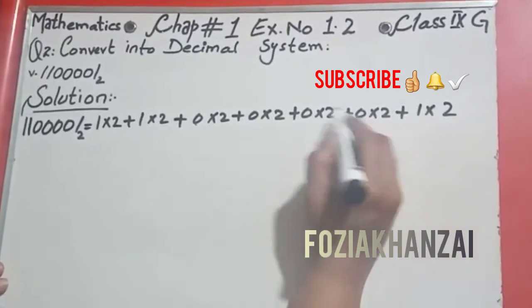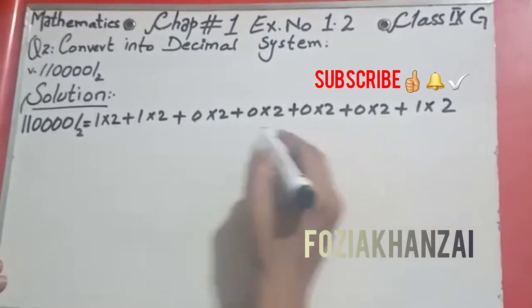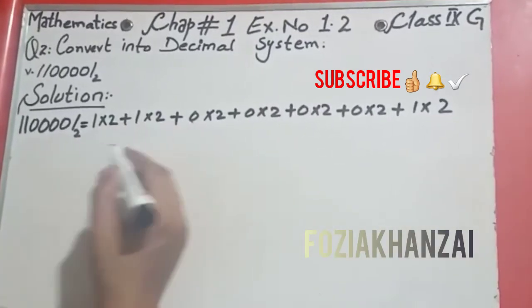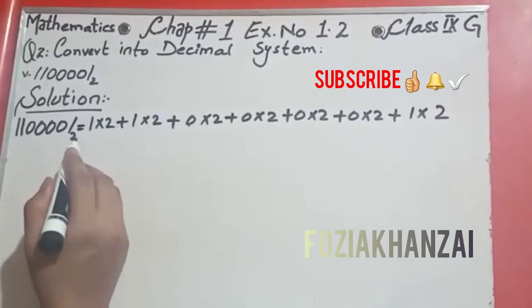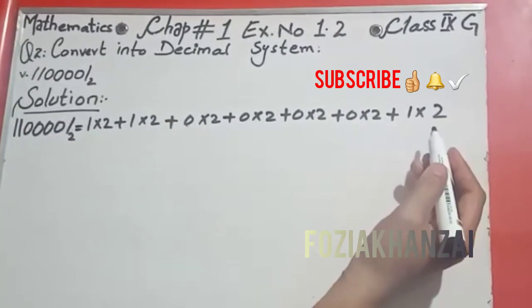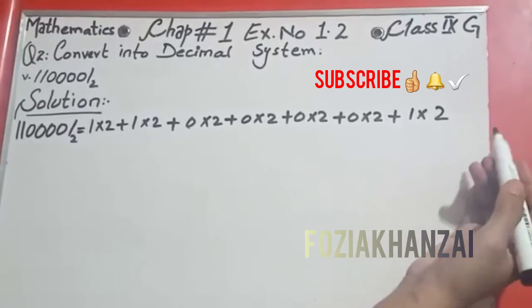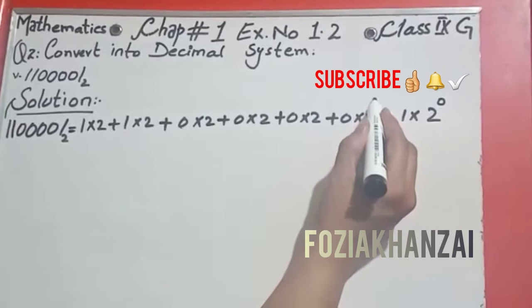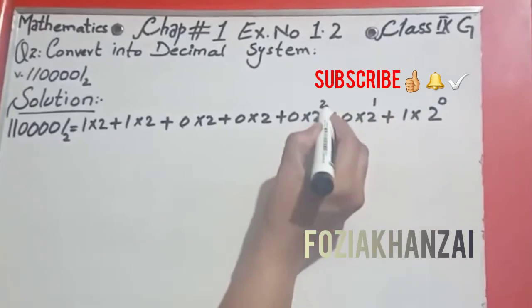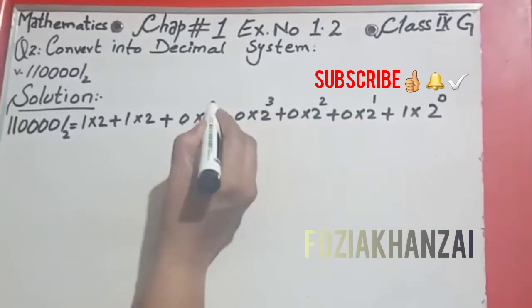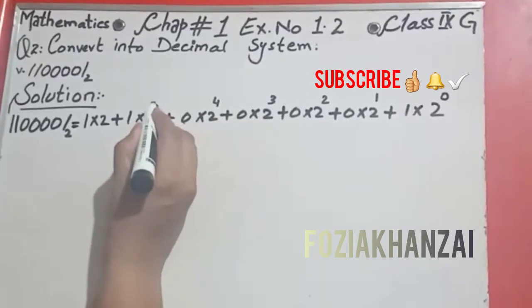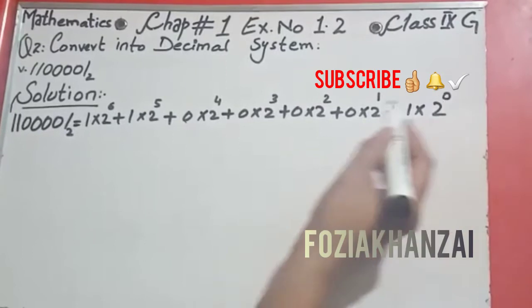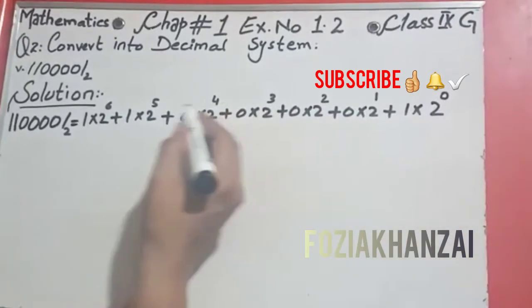Okay, first step finish. Left to right side. Now we put power right to left side. First power 0, second power 1 2 3 4 5 6. Correct power? First power 0 1 2 3 4 5 6.